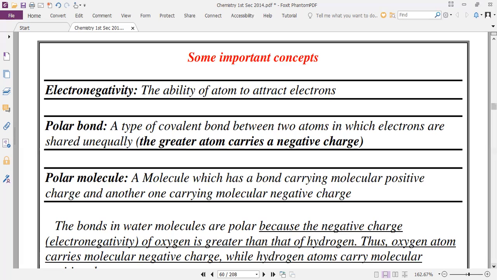And polar molecule: a molecule which has a bond carrying a molecular positive charge and another one carrying a molecular negative charge.